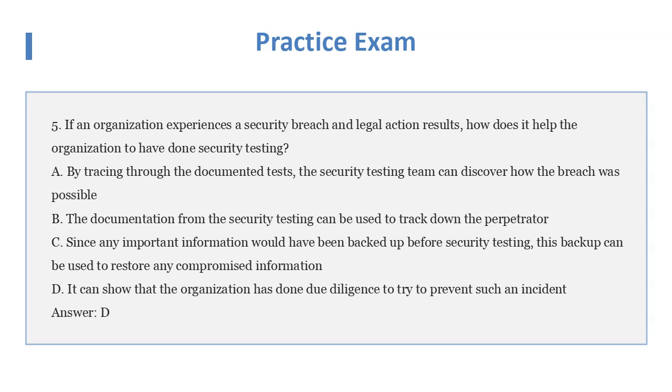B. The documentation from the security testing can be used to track down the perpetrator. C. Since any important information would have been backed up before security testing, this backup can be used to restore any compromised information. D. It can show that the organization has done due diligence to try to prevent such an incident. Answer: D.